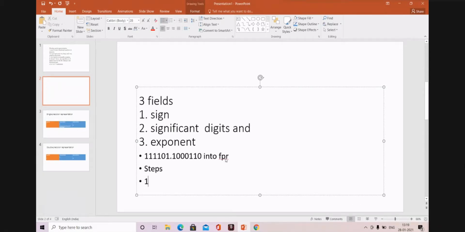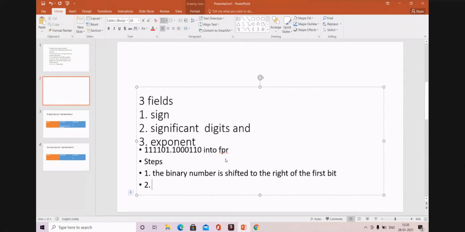Step number one: the binary number is shifted to the right of the first bit.